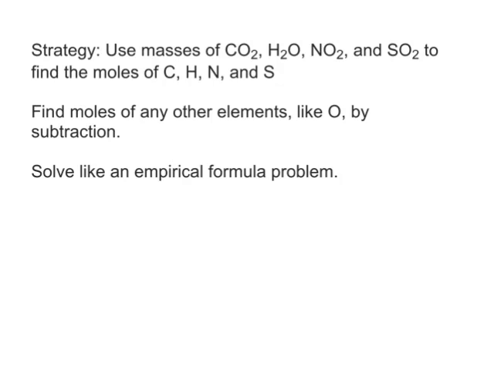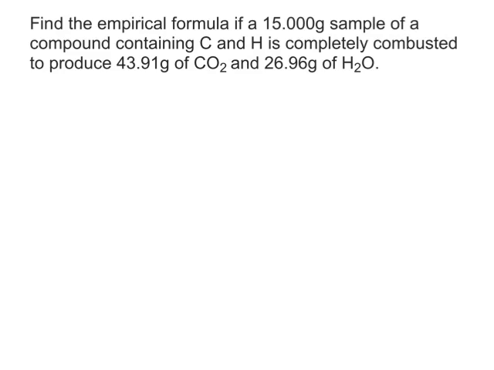And at that point, you will have moles of all the things in your compound, and you can solve it just like an empirical formula problem, where you normalize using the lowest number of moles. Okay, let's start with an easy example here. So, what we know is we've put in a 15-gram sample.